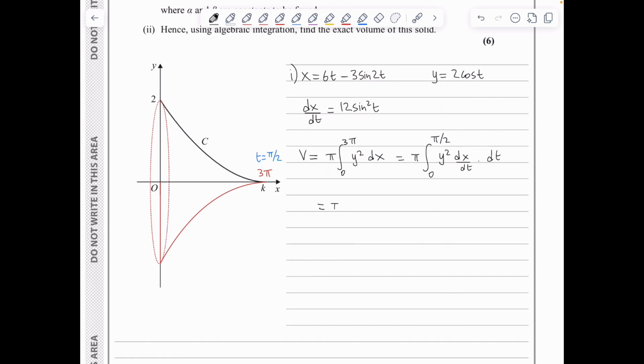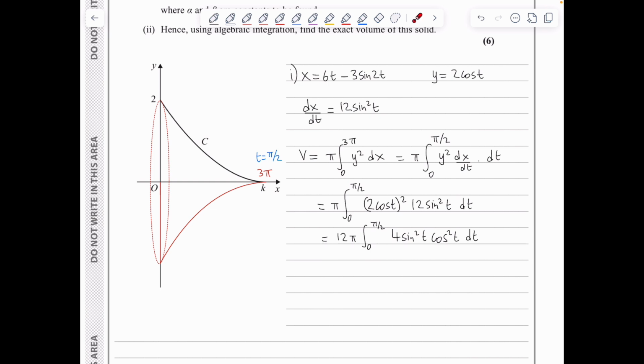So we are looking at pi times the integral from 0 up to pi over 2. y squared is (2 cos t) all squared, and dx/dt is 12 sine squared t dt. I will take the 12 out, so it's 12 pi, and the integral from 0 up to pi over 2 of 4 sine squared t cos squared t dt.